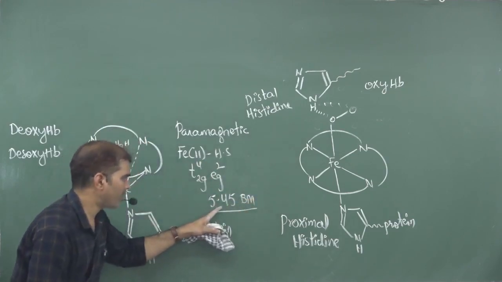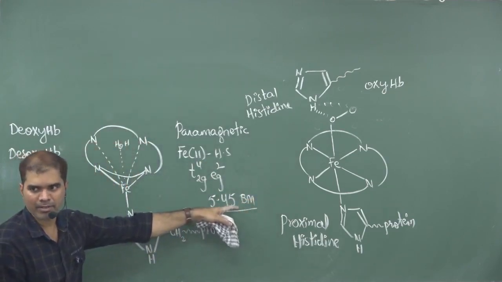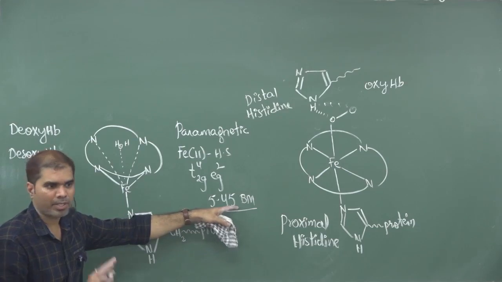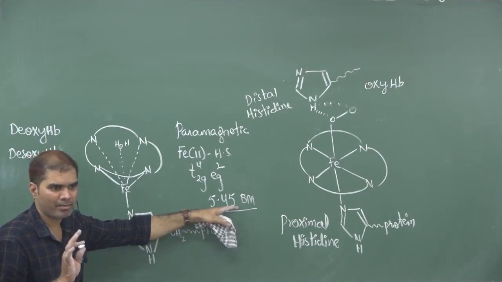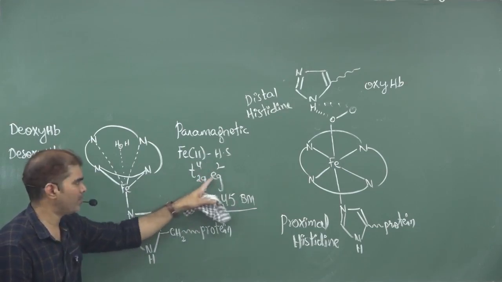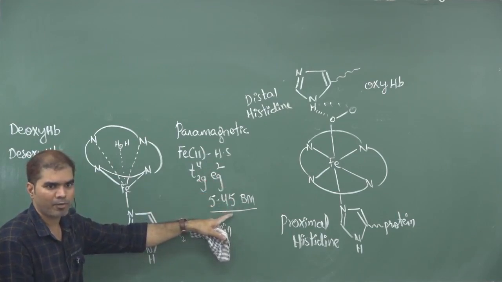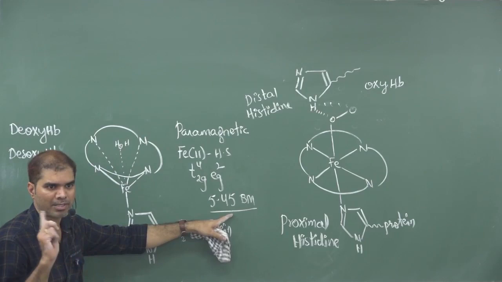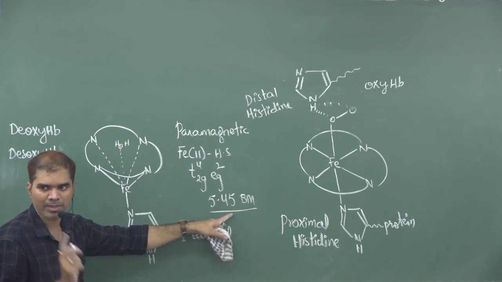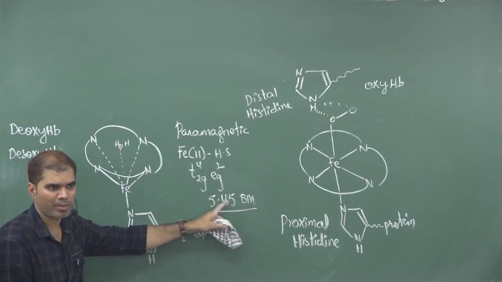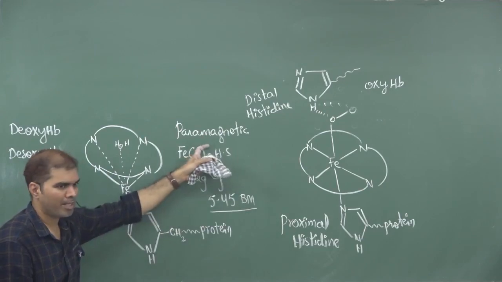It is found to be 5.45 Bohr magneton. Remember this point. You expect around 4.9 because there will be 4 unpaired electrons, t2g4 eg2. But how much magnetic moment are you seeing? 5.45. It is higher. It means there is some orbital angular momentum also. It is very high. This is paramagnetic.